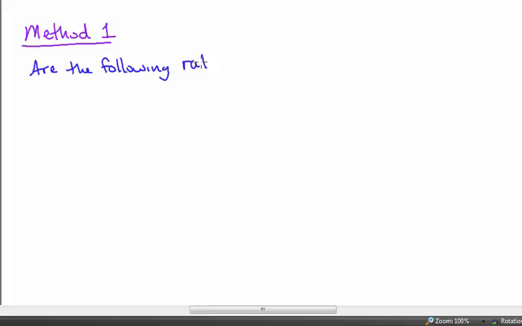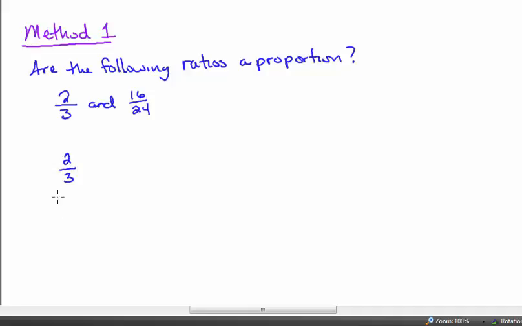We're going to see if the following ratios make up a proportion. So 2/3 and 16/24 are the first two examples. And so 2/3 is already simplified. 16/24, however, these are both even, so I can divide by 2.